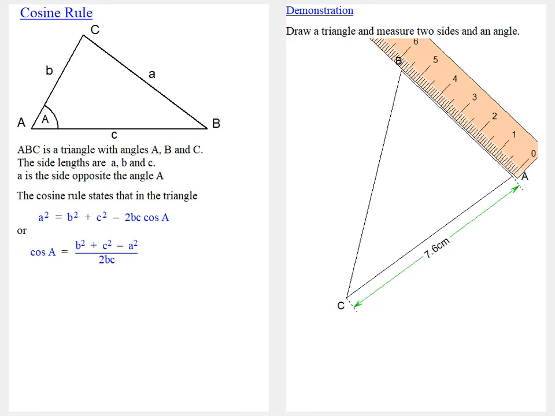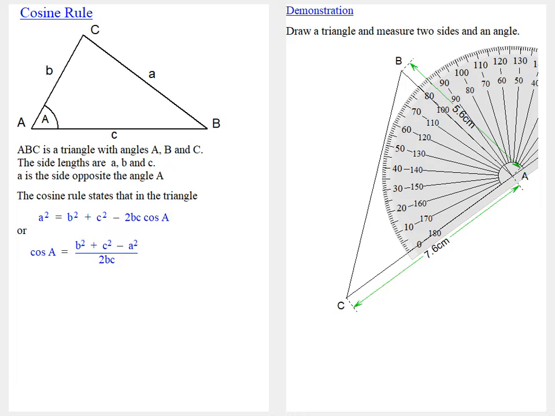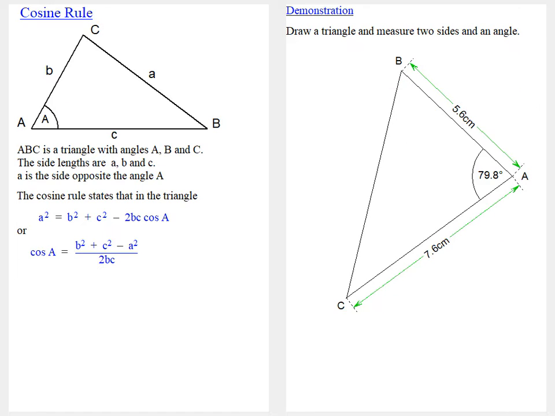Now if we look at the side AB, using a ruler we can measure the line and see that the side is about 5.6 centimetres. And if we look at the angle CAB and use a protractor, we can see that the angle is about 79.8 degrees. We can see that it's slightly less than 80 degrees.